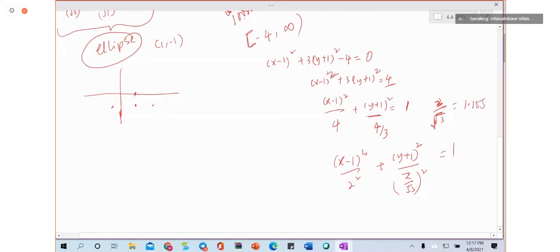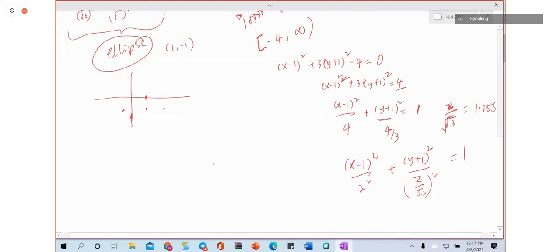So what you have here, from x you have distance 2. This is negative 1, 1. So this is 1, right? So plus 2 will be 3. Here, the point. And then minus 2 from this, you have 1, and this is negative 1. Okay, and this is your point. Then the y distance is 1.15, so a bit higher here, and down here.